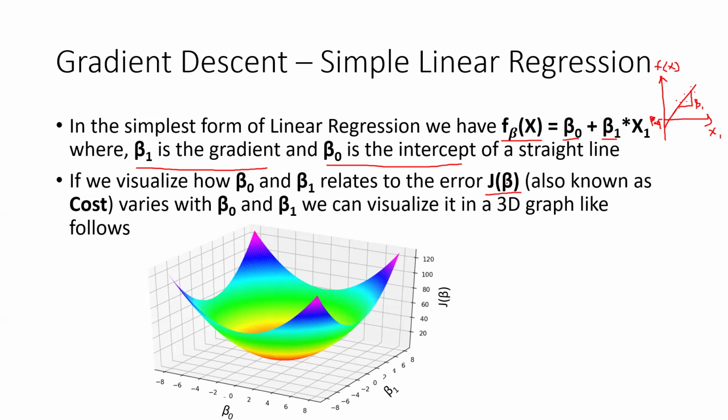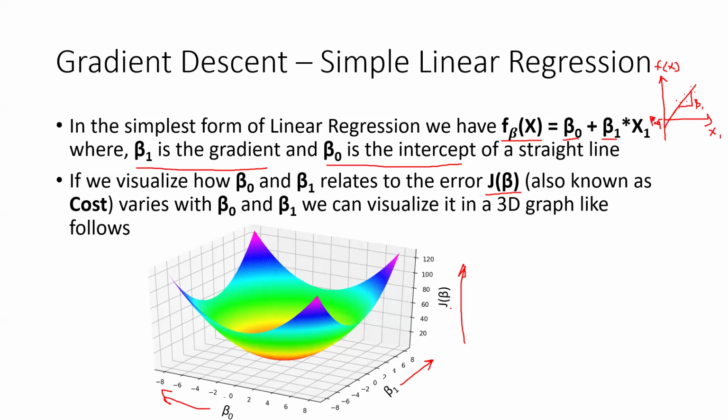This is a convention in machine learning. Here we have parameters in a 3D plot, right? This is beta 1 and this is beta 0, right? So when beta 1 or beta 0 are varying, we can see how J beta is changing, right?